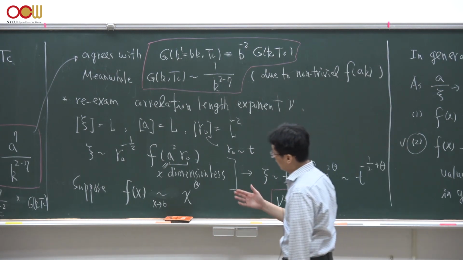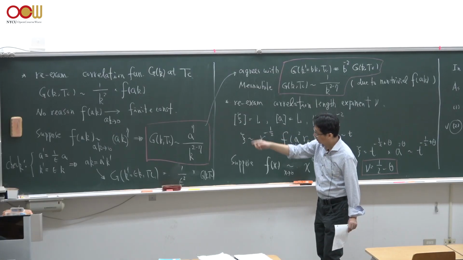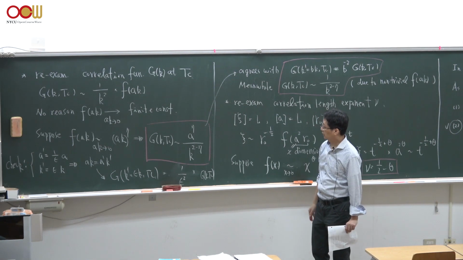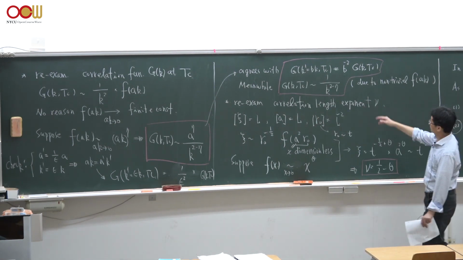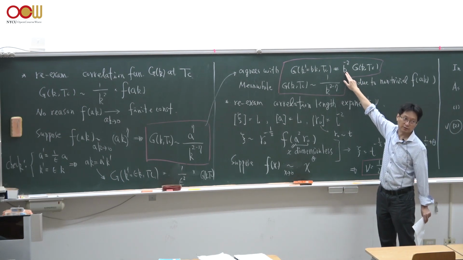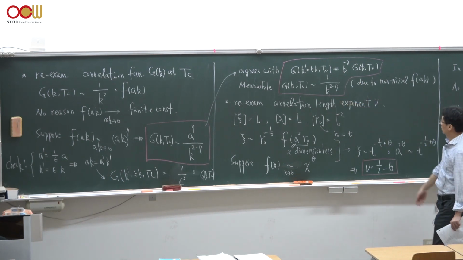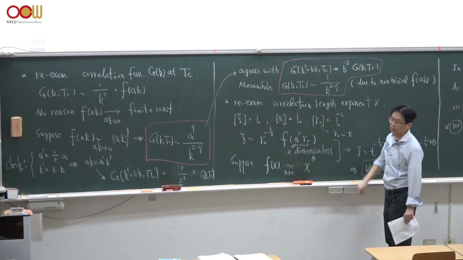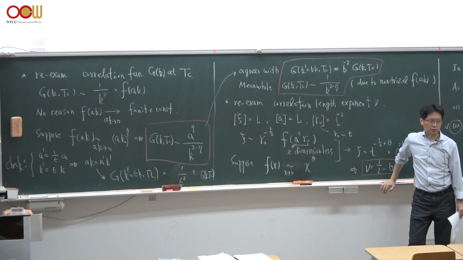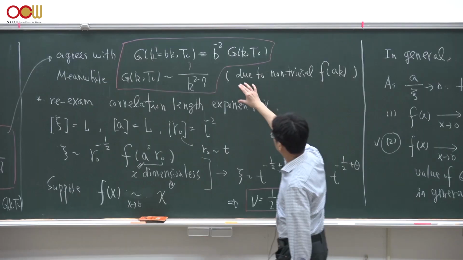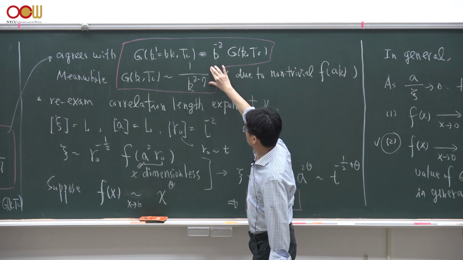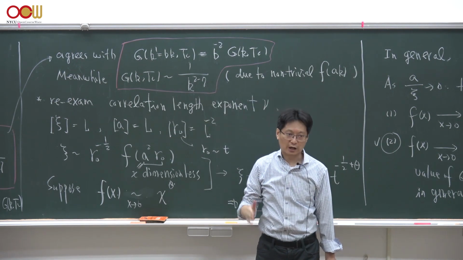So with the help of the non-trivial power law in this f function, we could simultaneously get the scale transformation that we obtained earlier, while there is an extra exponent eta in this Green's function as a function of the k space variable at the transition. So these two results are satisfied at the same time, which is highly non-trivial.